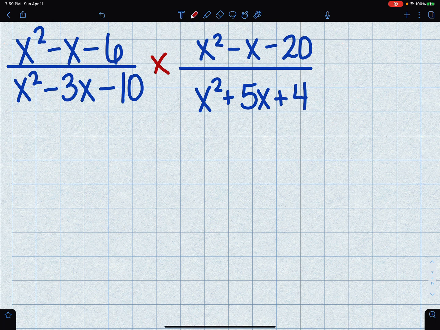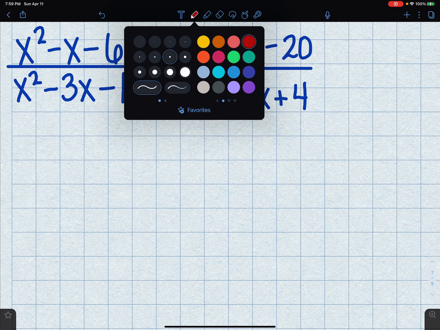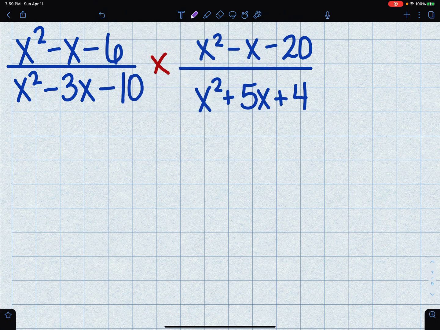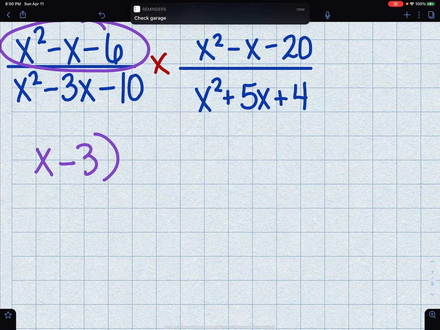So let's see if we can factor and make it easier. Let's do purple. Why not? Okay, so the top is x squared minus x minus 6. So this is going to be x minus 3. I know you can do these in your head, so I'm just going to write them down.